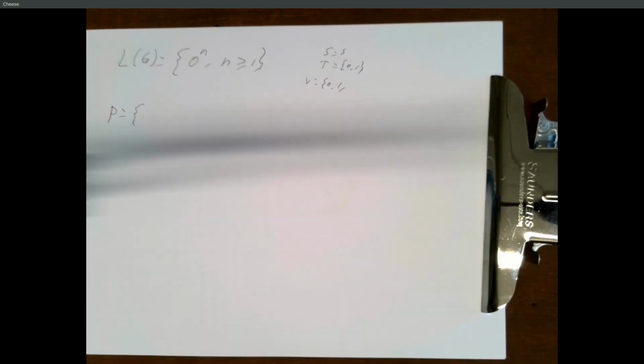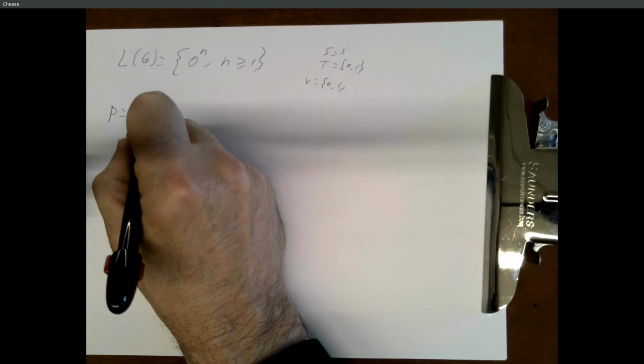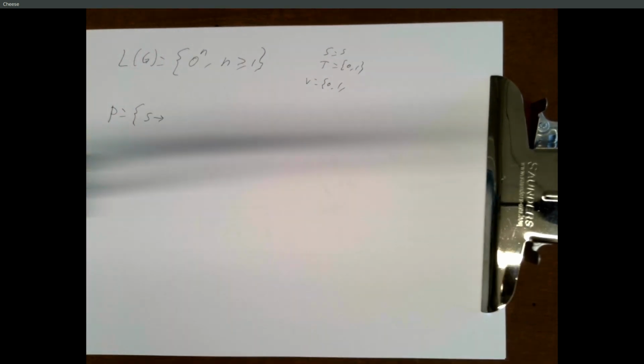And my vocabulary will contain 0 and 1 and maybe some other stuff. And let's look at the production rules. So we want to go from the start symbol to something and make some rules so that we can generate strings of length 1 or more comprised of only zeros. So what could we do here?